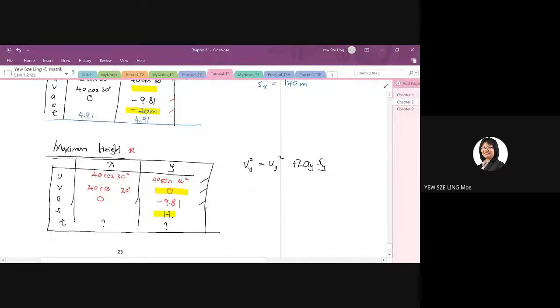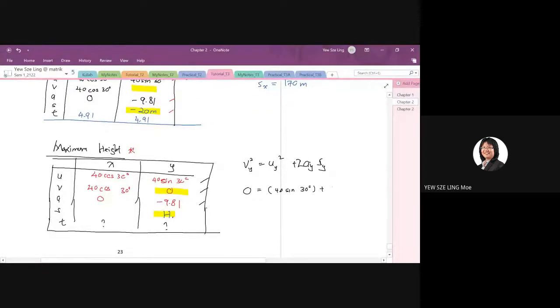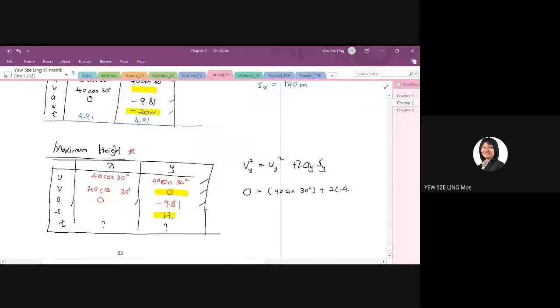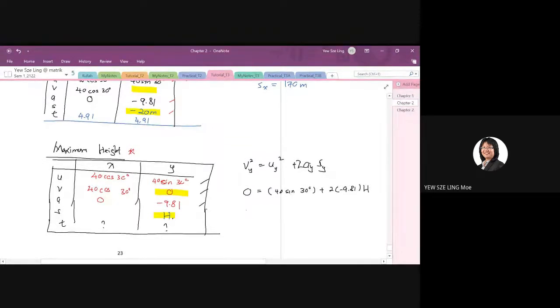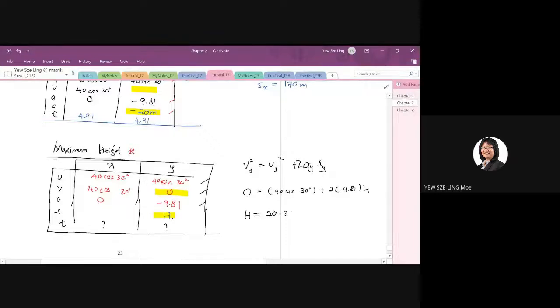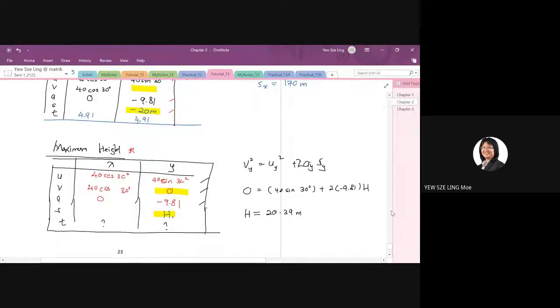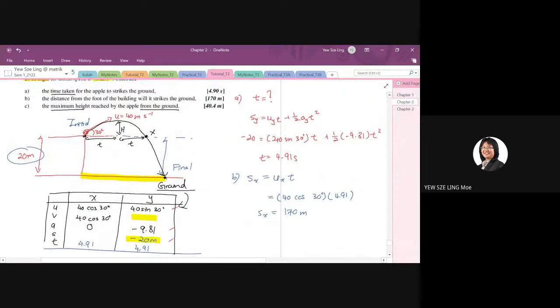So v is 0 equals 40 sin 30 degrees squared plus 2 times negative 9.81 times sy, which I'm just going to write as h. So your h is equal to 20.39 meters.